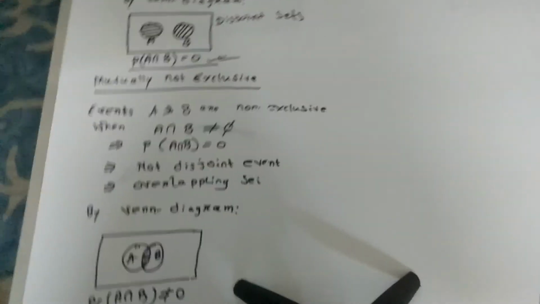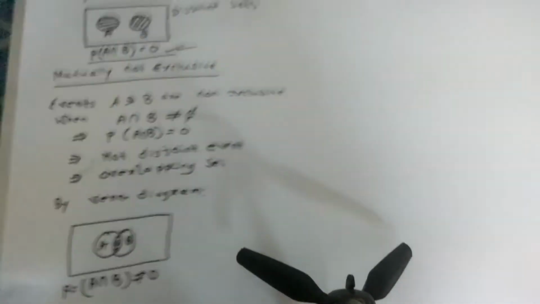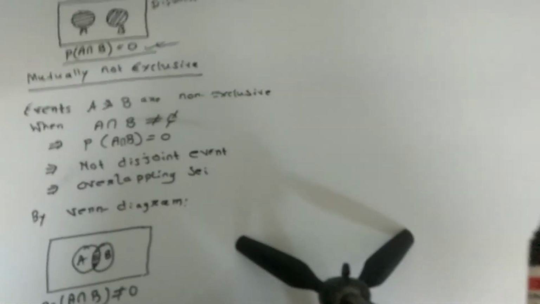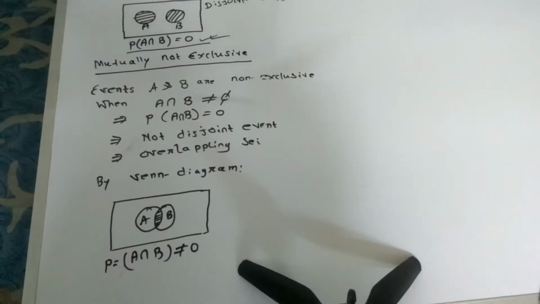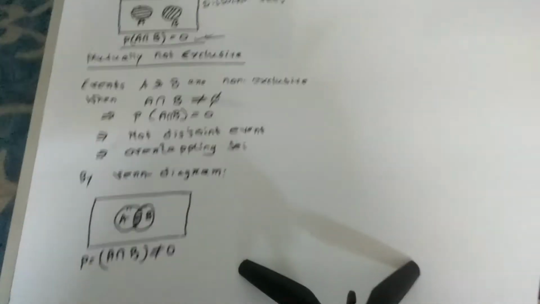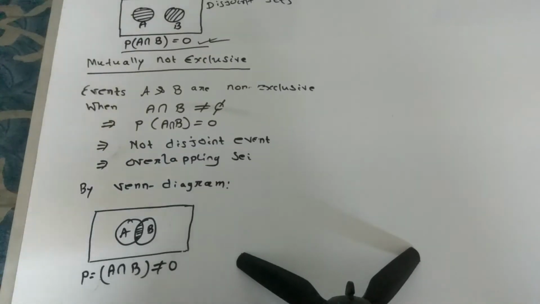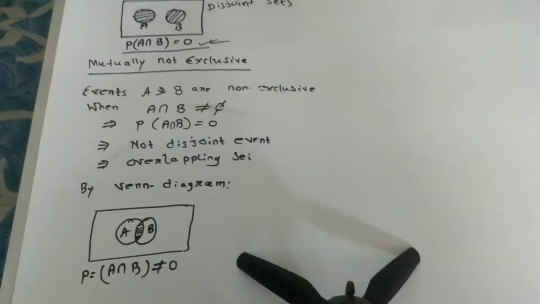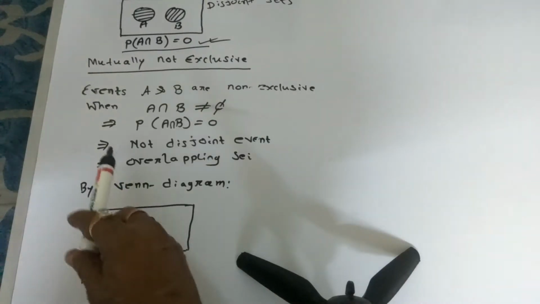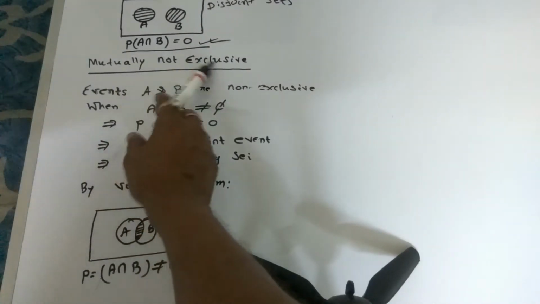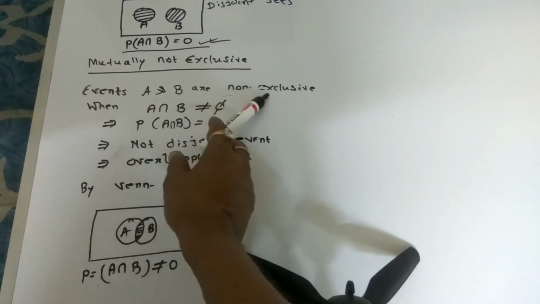And mutually non-exclusive means what? Events A and B are not exclusive when A intersection B is not equal to phi, the opposite of exclusive.